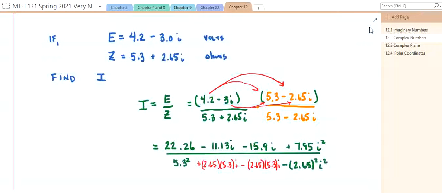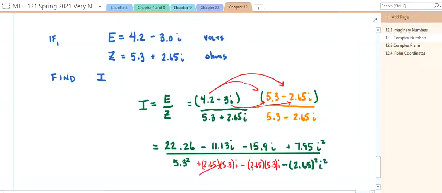And in the denominator, we get 5.3 squared, and then 2.65 times 5.3i minus 2.65 times 5.3i. And then finally we get these last two numbers squared, minus 2.65 squared i squared.